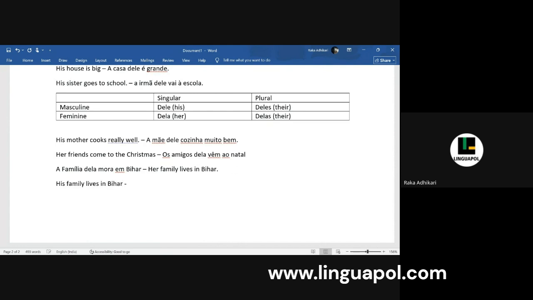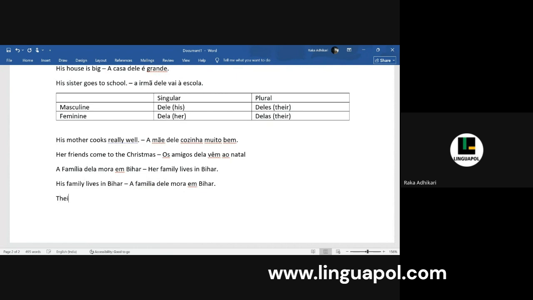So in this also we are starting the sentence with a família, but dele, mora, and Bihar. So everything remains the same, but the possessive pronoun that we are using is according to the subject of the sentence. Where we are using his in English, directly we are translating it into dele in Portuguese. And where we are using her in English, we are using dela.